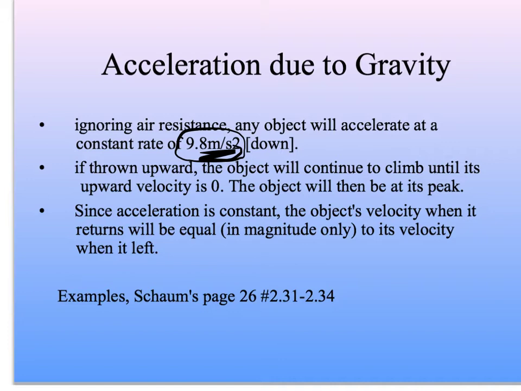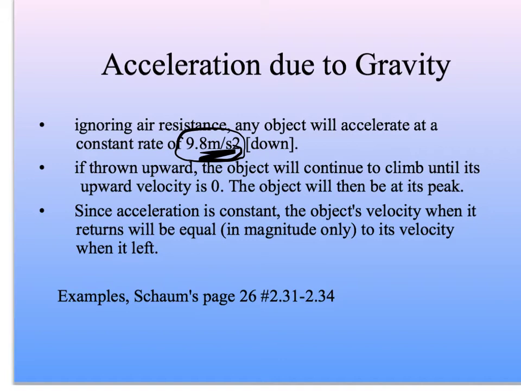And that is independent of its mass, because as its mass goes up, the force of gravity increases as well and causes the object to accelerate at the same rate. This happens if we ignore air resistance, which for our purposes we will, and that's a valid assumption if the object is not moving really, really fast, because air resistance increases with velocity.